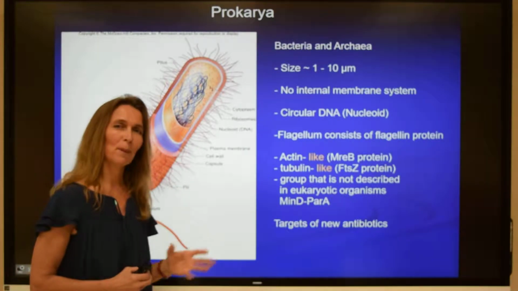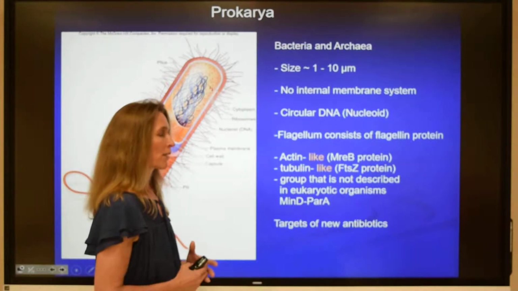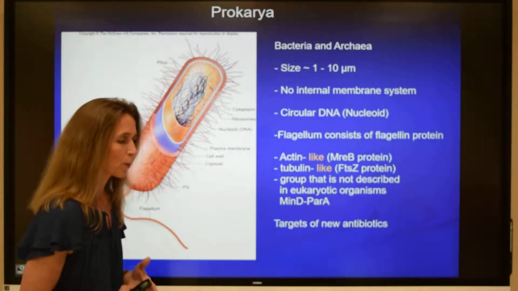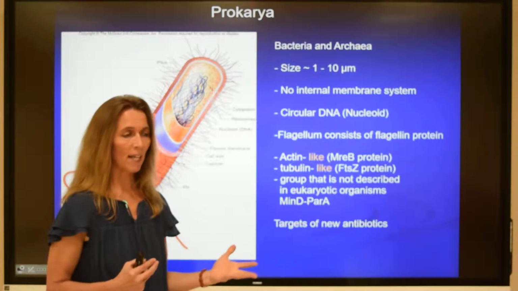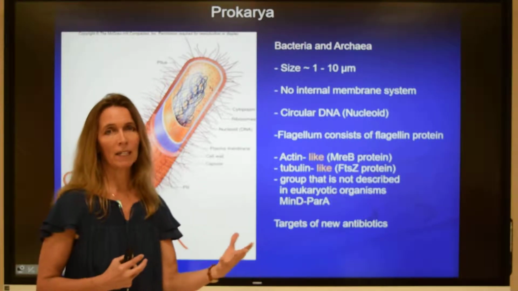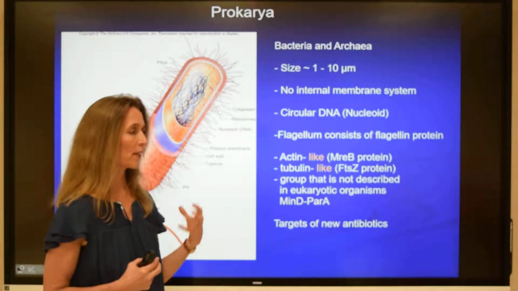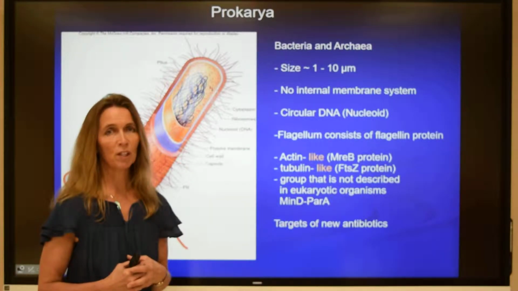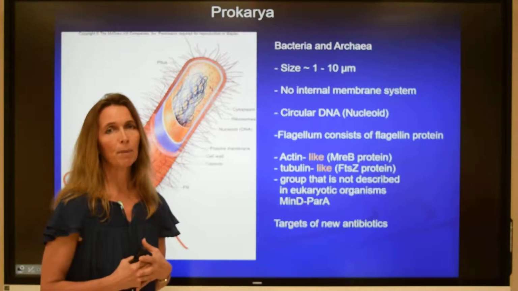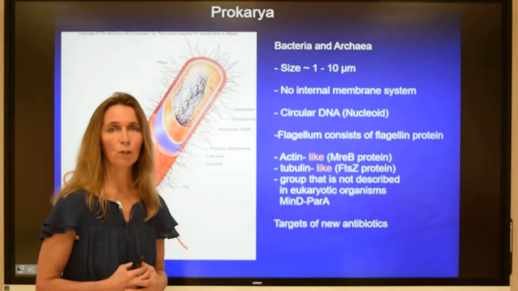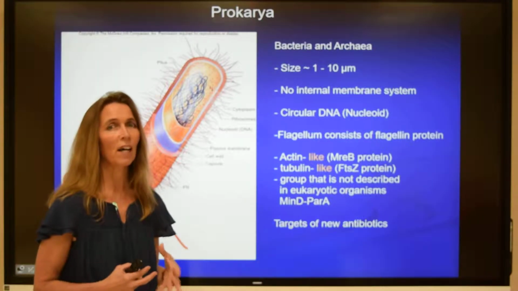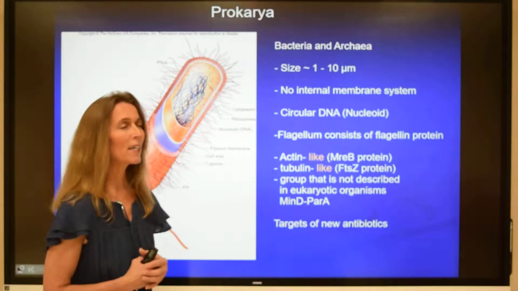The reason why I bring this up is that bacteria and prokaryotic organisms in general are critically important for our ecosystems, as they break down organic material and get their energy out of it, and they critically contribute to the homeostasis in our ecosystems. Without bacteria, our ecosystems would not work.